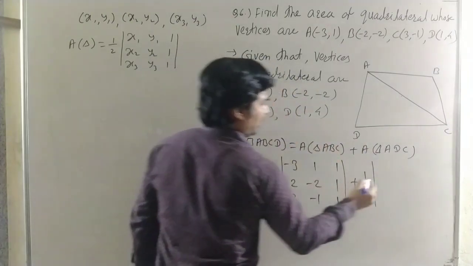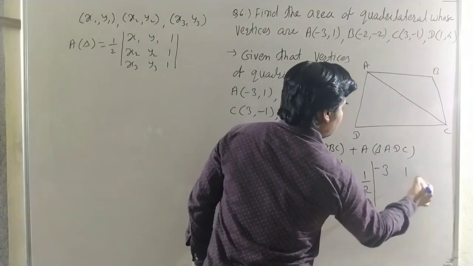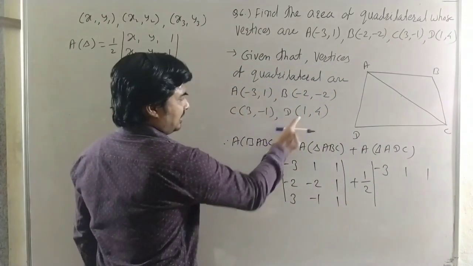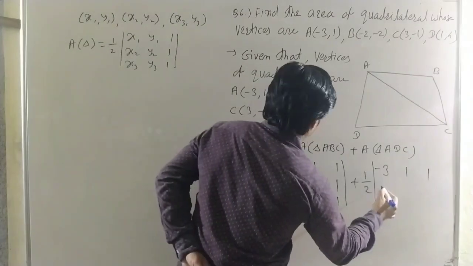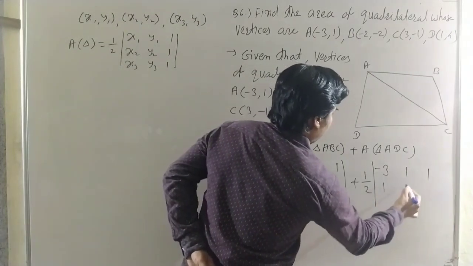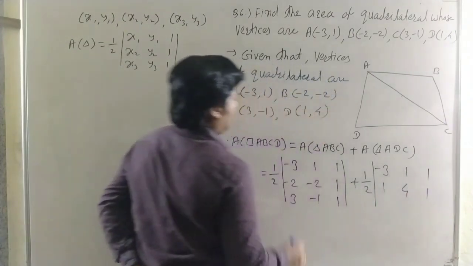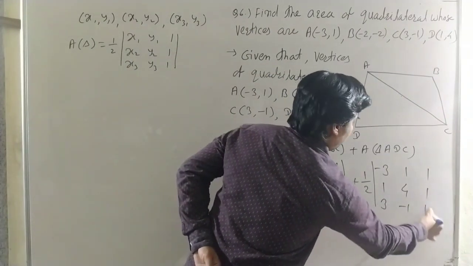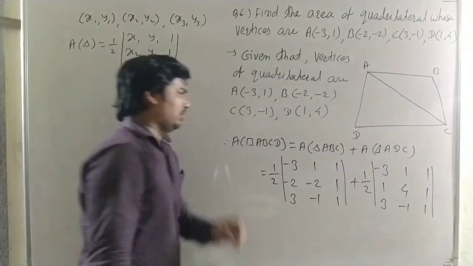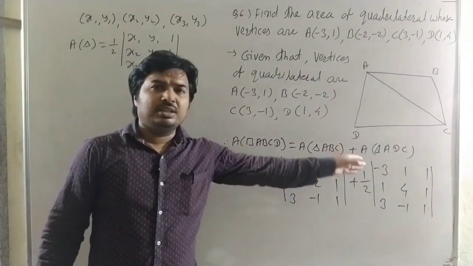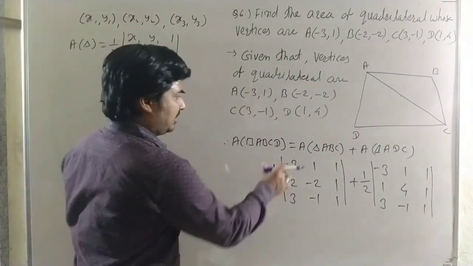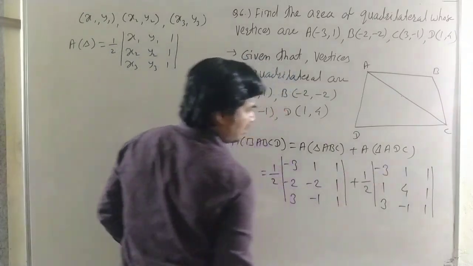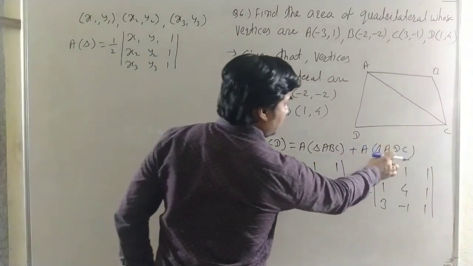A is the first point, -3, 1, 1; D is the second point, 1, 4, 1; and C is 3, -1, 1. See carefully. Now find the value of the determinant of these two terms.